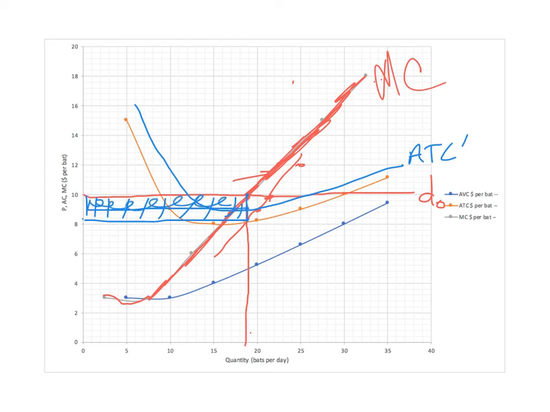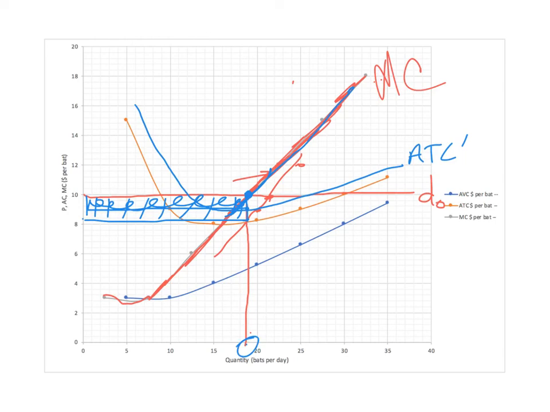Should have done that in a different color. But because our marginal costs didn't change, the point where price and marginal cost intersect is still the same. So our profit maximizing output is still the same.